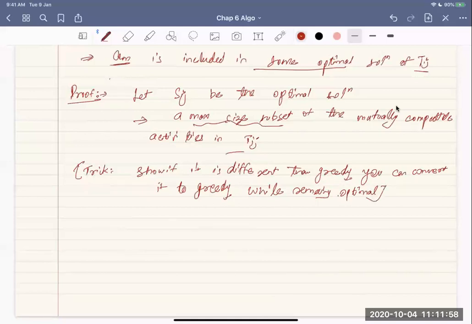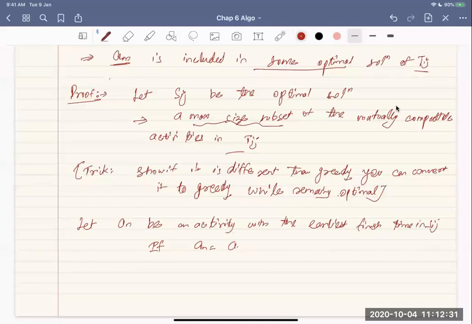So then what do I need to do? I know Am, an activity with the smallest finish time in Tij, was by greedy solution. So now let's find out what is the activity with the smallest finish time in Sij. So let An be an activity with the earliest finish time in Sij. Okay. Now if An is same as Am, we are done.